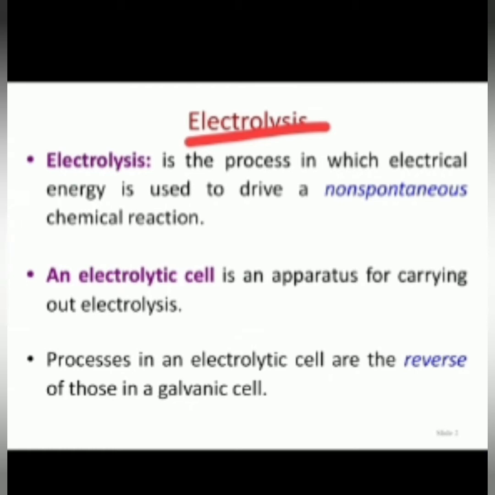Do you know what a non-spontaneous chemical reaction is? Non-spontaneous reactions are reactions that need a catalyst or energy to lower the energy requirement to take place. That is, they can only occur if energy is put into the reaction from an external source.